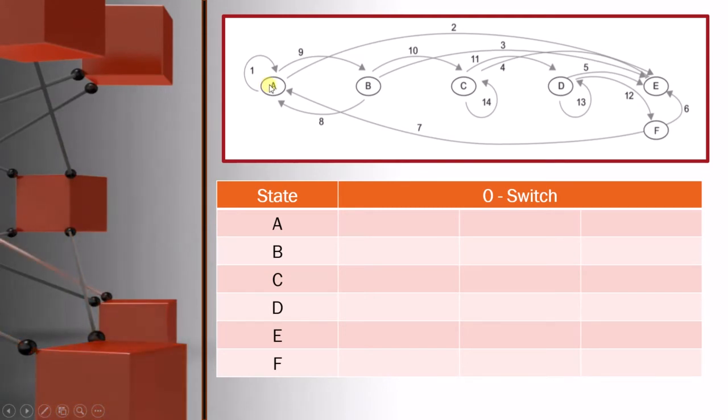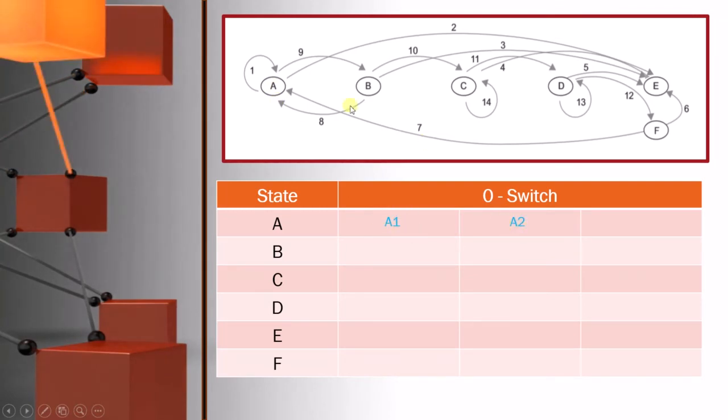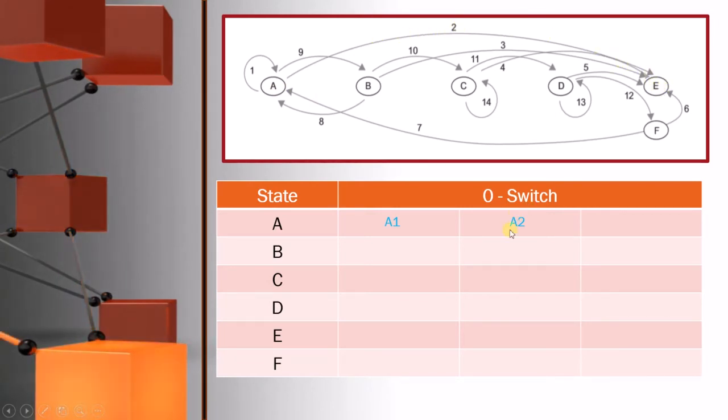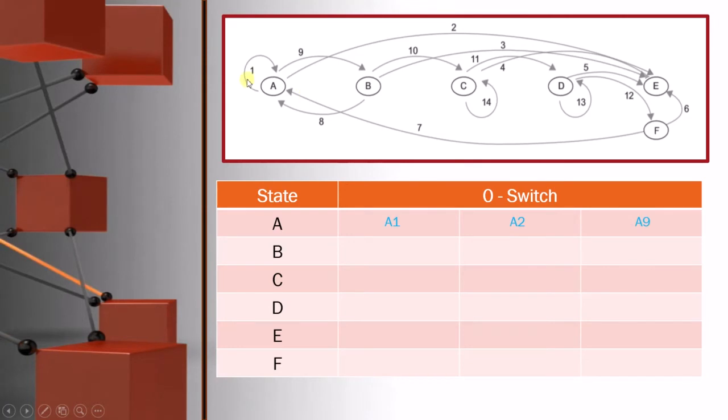There are totally 3 single transitions that we have to note down here. So A1, because it is starting from A and ending at A. Next is A2. With transition 2, we are reaching the other state, E. Last one is A9. With A9, you are able to reach B. These all are single transitions going outwards. And that is what you have to find out for all of these states.